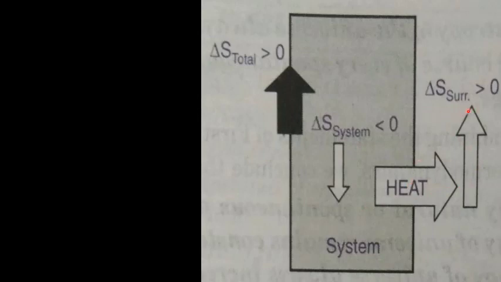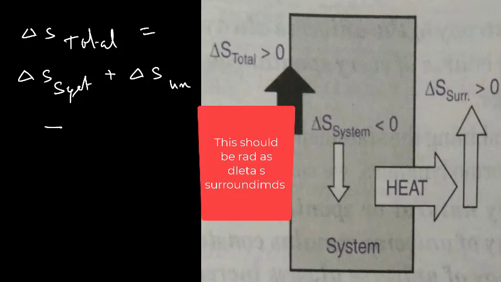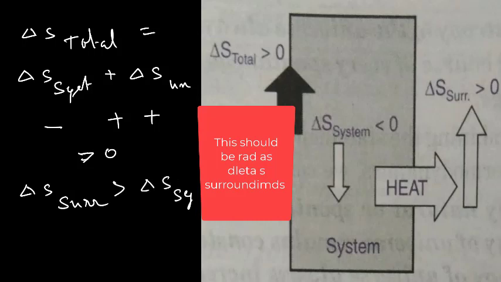This heat is taken by the surroundings, so the randomness or disorderedness increases. Now here delta S total is equal to delta S system plus delta S surroundings. This is minus, this is plus, and the total is greater than 0. If delta S surroundings is greater than delta S system, then this process is spontaneous.